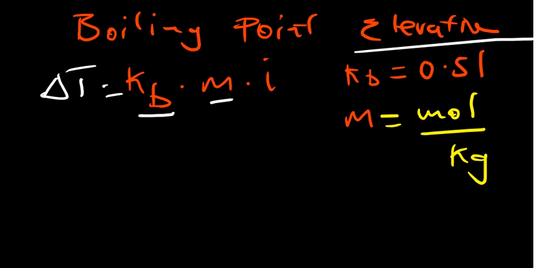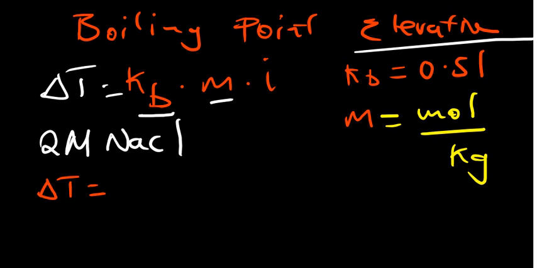So if you try to do some calculations, you deal with different concentrations. For example, let's say sodium chloride at a 2 molal concentration. What is going to be our boiling point elevation in such a case? Our Kb is 0.51. Then the molality, assuming our mass of water was a kilogram, is going to be 2 over 1.